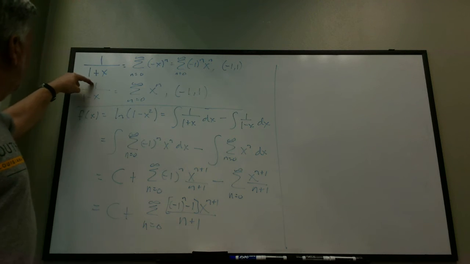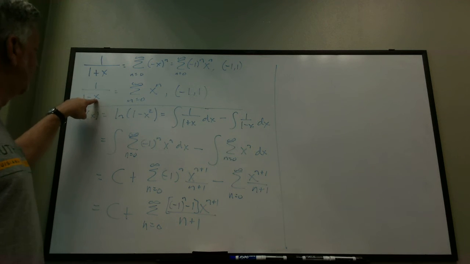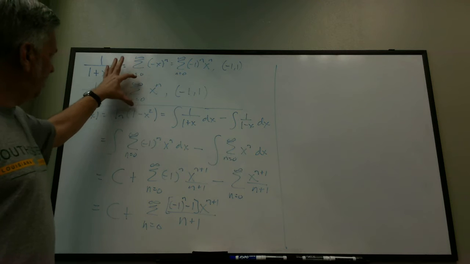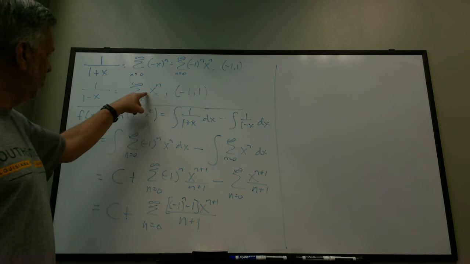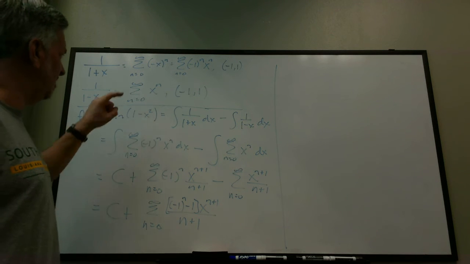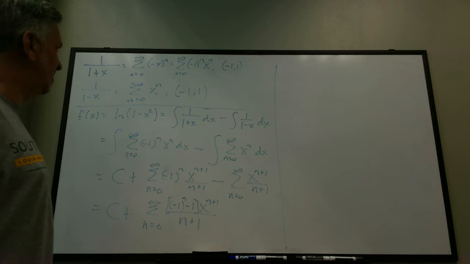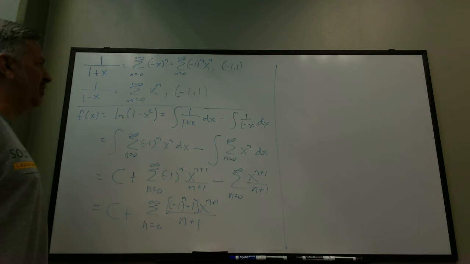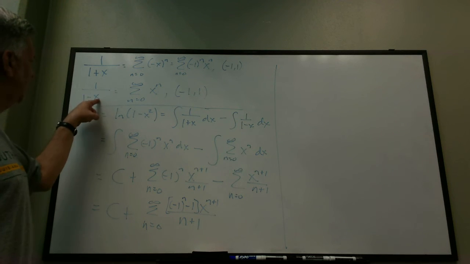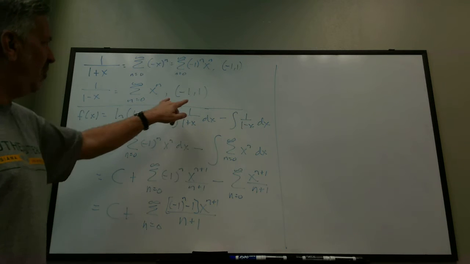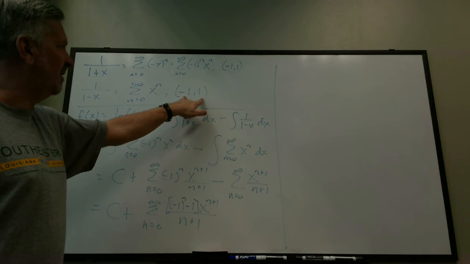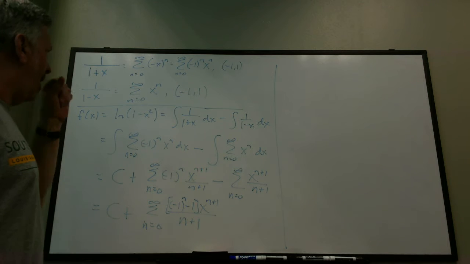Same thing here. 1 over 1 minus x, a is 1, r is x. We wrote this in this form because a is 1 and r is x, so it's a geometric series. And when does a geometric series converge? When the absolute value of r is less than 1. Here r is x. The absolute value of x less than 1 gives you the interval of convergence negative 1 to 1, just like the first one.